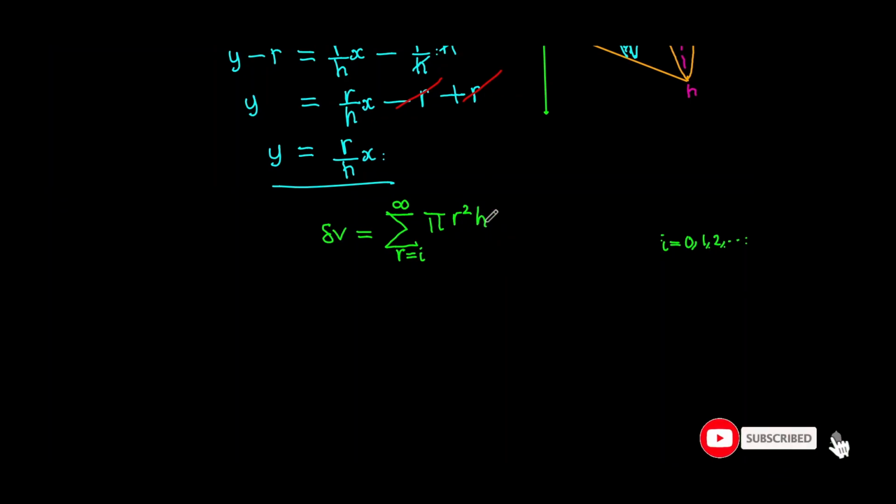From our drawing up here, h is delta x and r is the same as y. So we have delta V equals the summation, as i ranges from 0 to infinity, of pi y squared delta x.